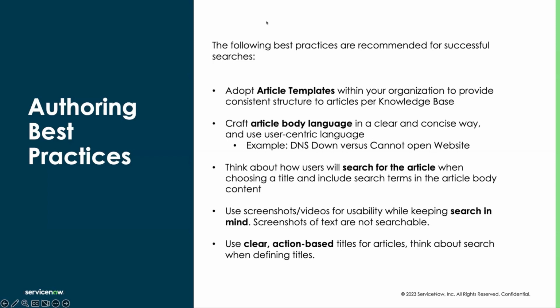So if you want to expand on this a little bit more, but at a high level, really looking at the article templates that either we've shipped, or if your organization would like to put article templates in place to just make sure that knowledge articles follow a consistent structure per knowledge base, and they are capturing the information that is needed for that knowledge article, rather than just having an empty free-form article body.